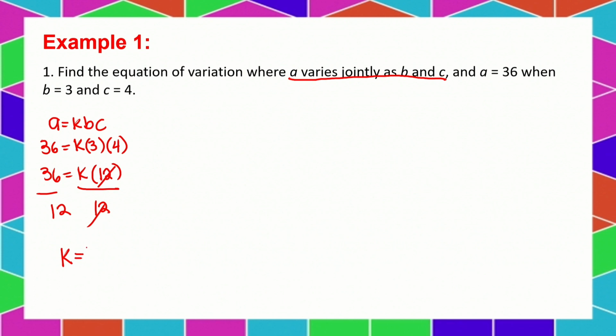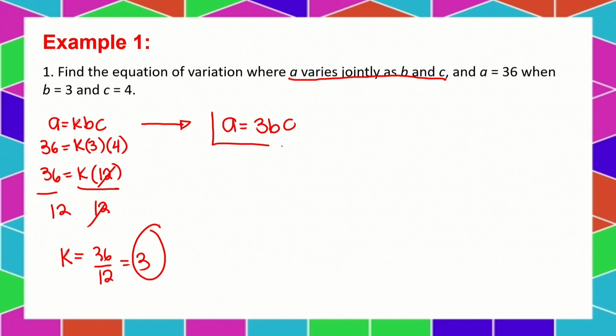Then we have K is equal to 36 divided by 12. And when you divide 36 by 12, the value of K is equal to 3. So from our equation, we now form the equation of variation by plugging in the value of K. So the equation of variation now is A is equal to 3BC.